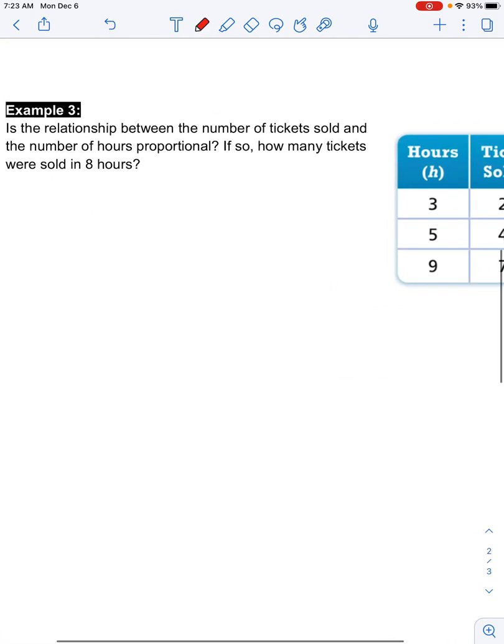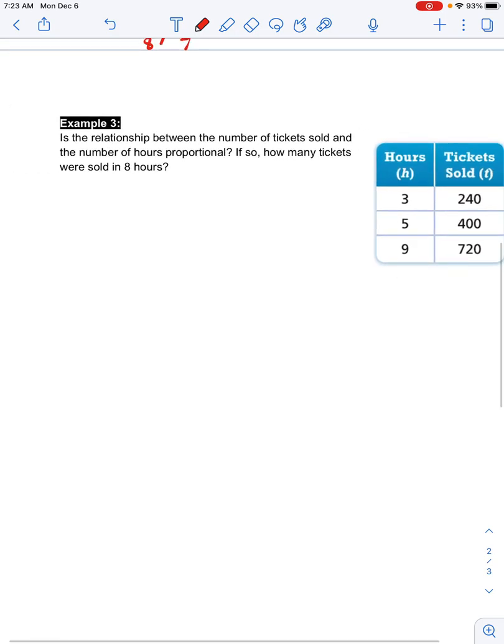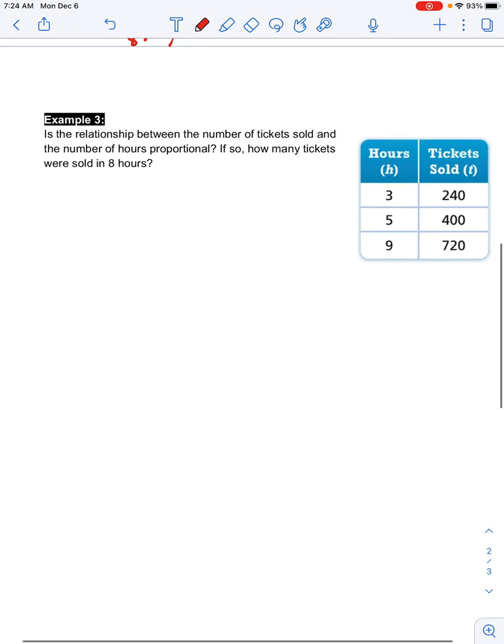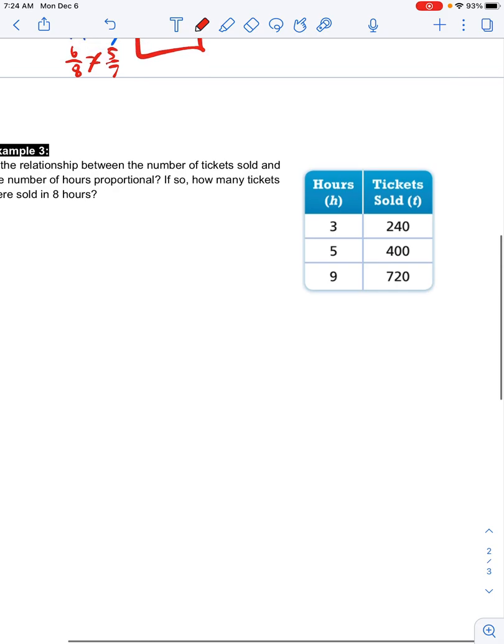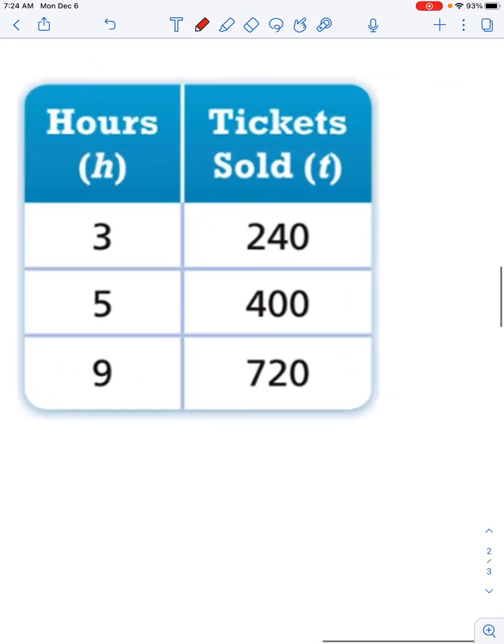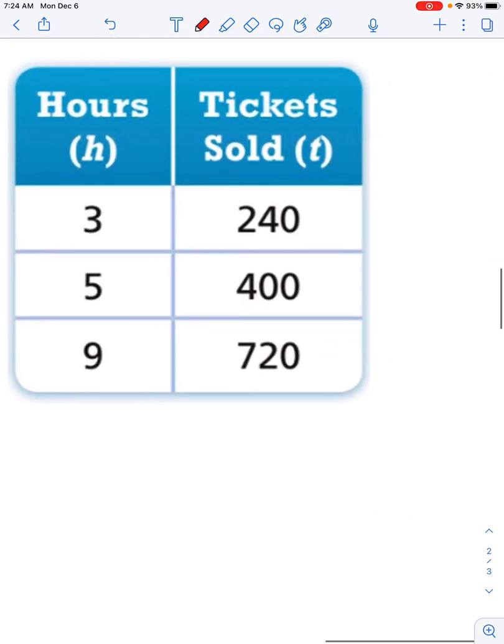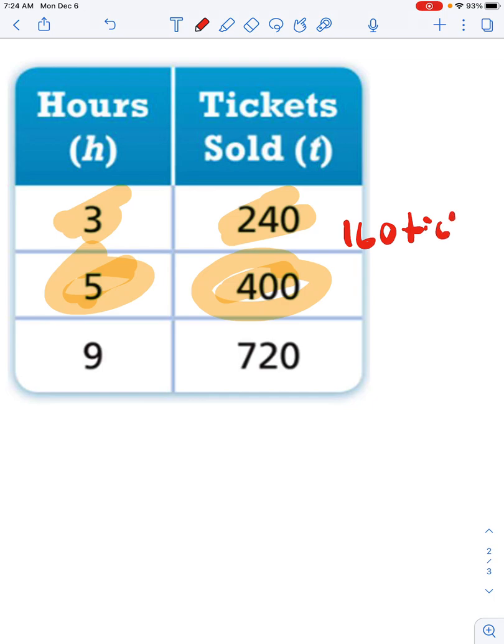Last example: is the relationship between the number of tickets sold and the number of hours proportional? If so, how many tickets were sold in 8 hours? So again, I have to check. Looking at these numbers, we sold 160 tickets in 2 hours.